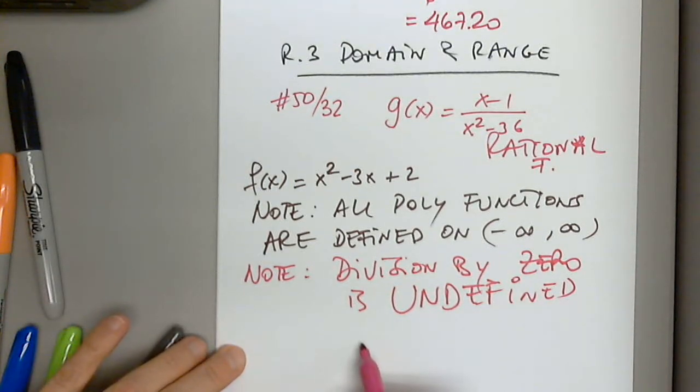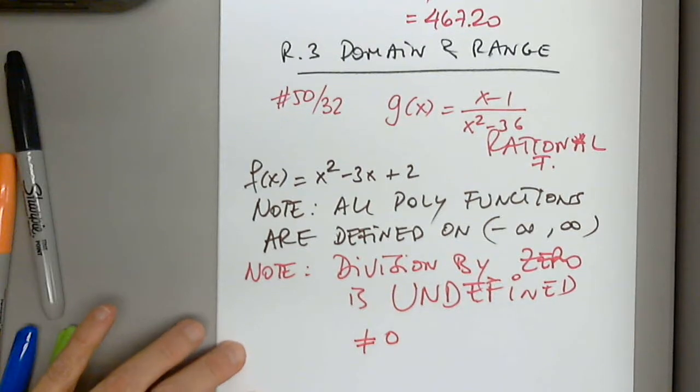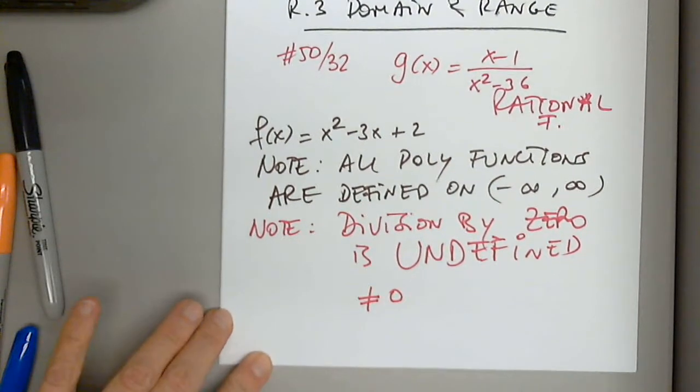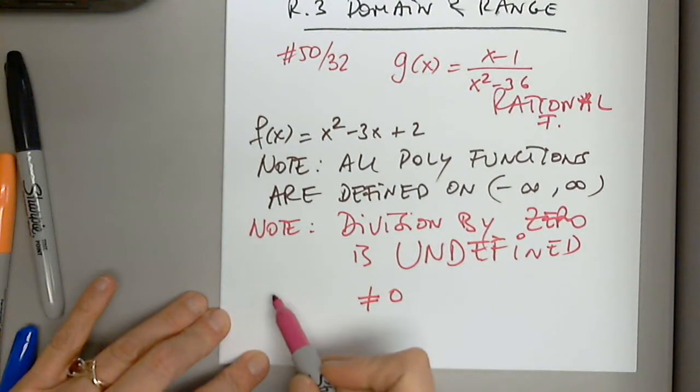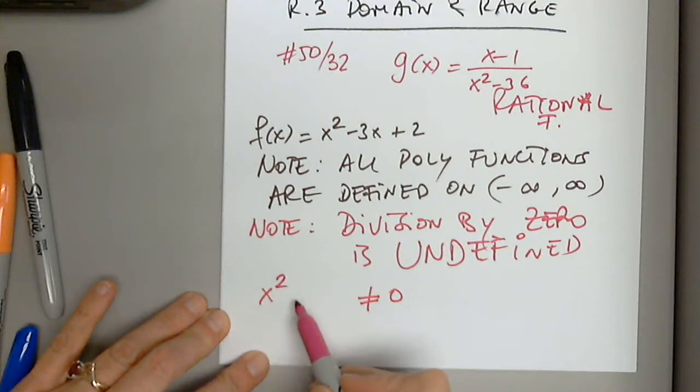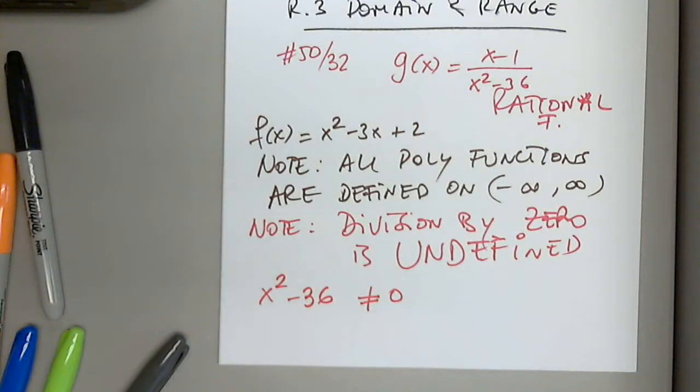So then what do I have to write? It cannot be 0 in that case. x squared minus 36 cannot equal 0. This is my starting point. This is a what type of equation? So I know how many solutions I have to write. The degree is 2.